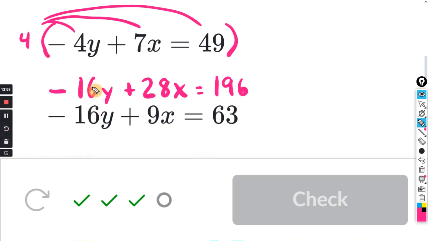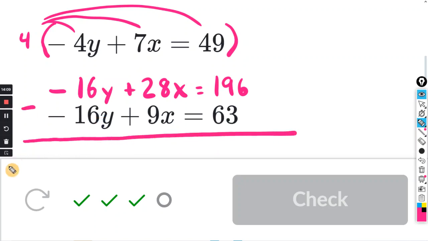Now notice we have matching terms, negative 16y and negative 16y. So we can't add. In this case, we are going to subtract. All right. Make sure that negative sign gets distributed to each term. Negative 16y minus negative 16y, that cancels. 28x minus 9x is going to be 19x.